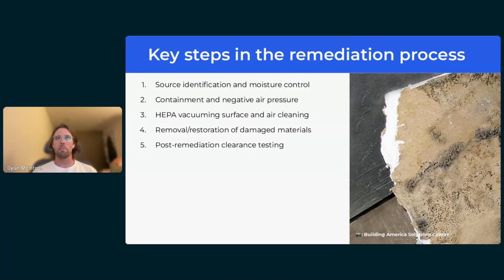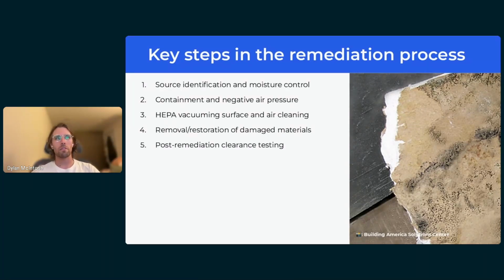And then the final step is post-remediation testing, making sure that the remediation has been done completely, that there's no residual mold or moisture in the remaining materials left in place, and that there's no external effect to the air in unrelated areas.